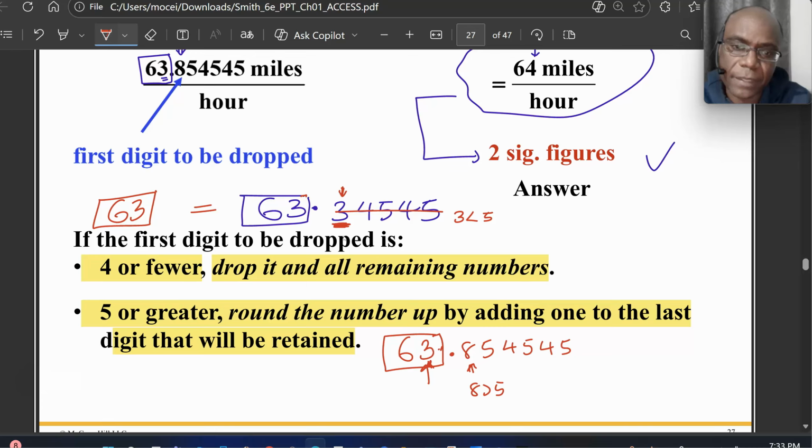Add 1 to the 3, you get 64. So if the first digit to be dropped is 5 or greater, round the number up by adding 1 to the last digit retained, which happened to be the 3, to give us 64.